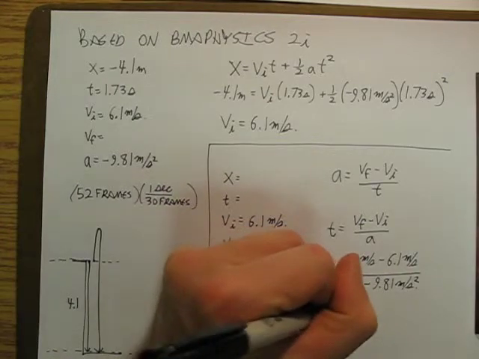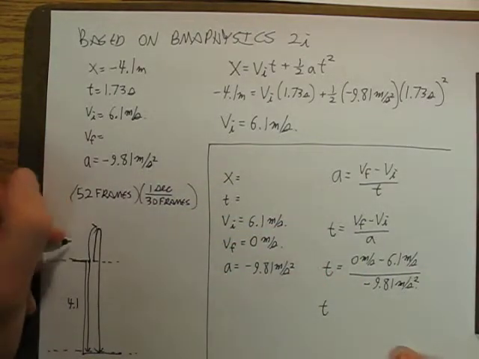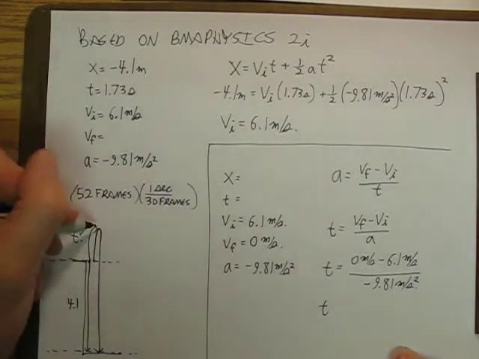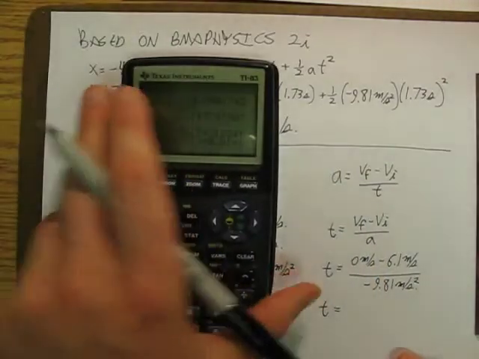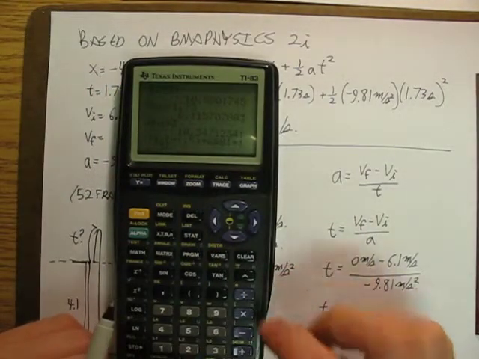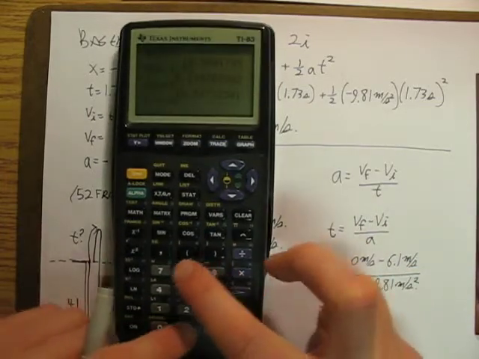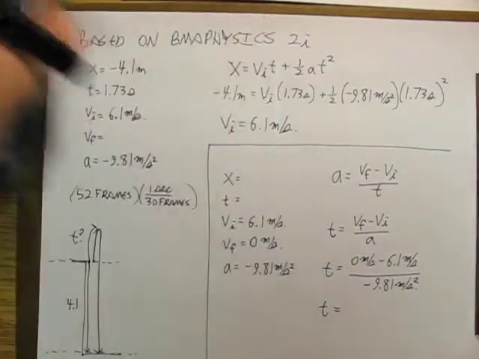And so the time to go from here to there, I'm going to calculate as 6.1 divided by 9.81, which is 0.62 seconds.